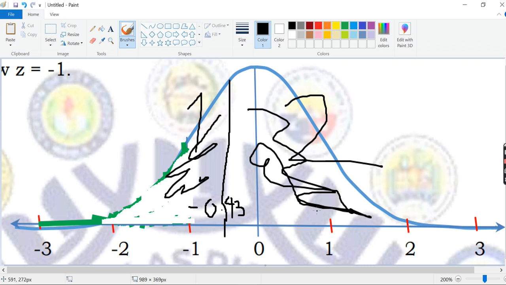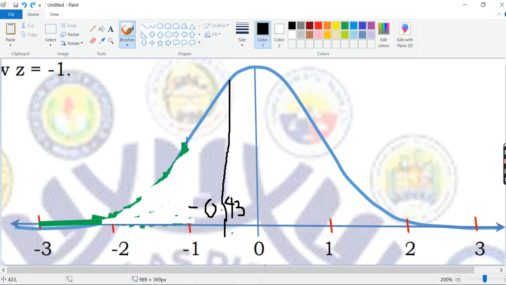What do you think? Less than. Okay, very good. So it's on the number 1 part. Less than, meaning the values lower than 43. Yes, 43 is on the left part of this.